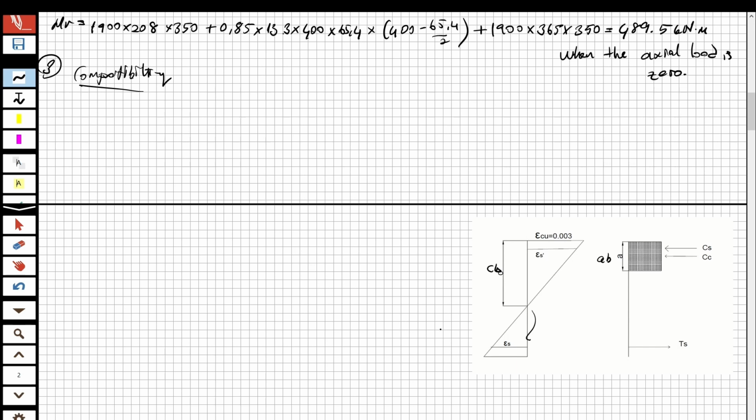The yield point of this steel is 0.001825. Okay, so I'm going to take this one over this length and the epsilon CU over this length. 0.001825 over (750 minus CB) equal to 0.003 over CB.